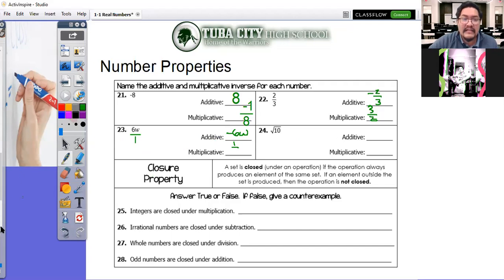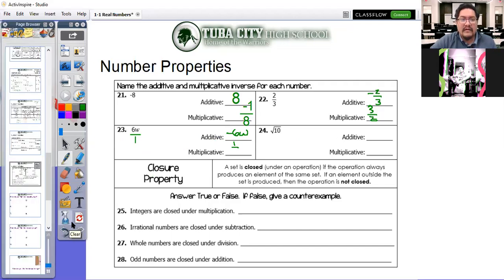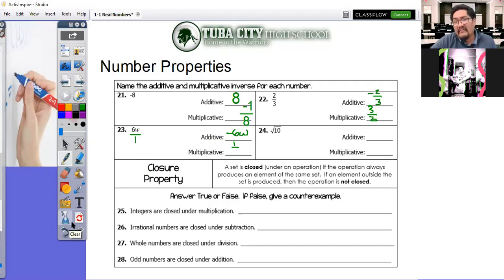Okay, just imagine that it's 1 on the bottom, or you could draw it. Some people, when they draw it, it makes a lot more sense, I guess. But whatever works for you, you can imagine it or draw it. Either way, you have to put that 1 under it and flip it. So in this case here, it would be 1 over 6W.